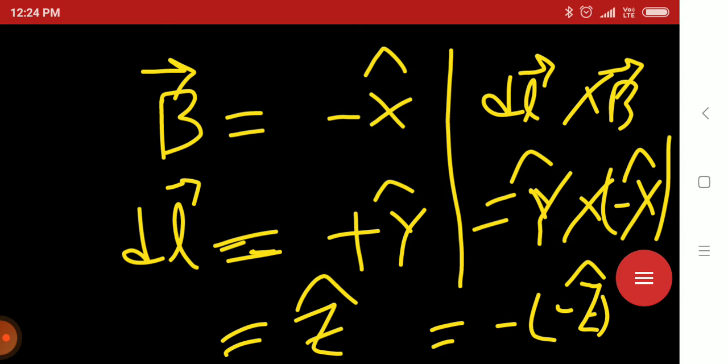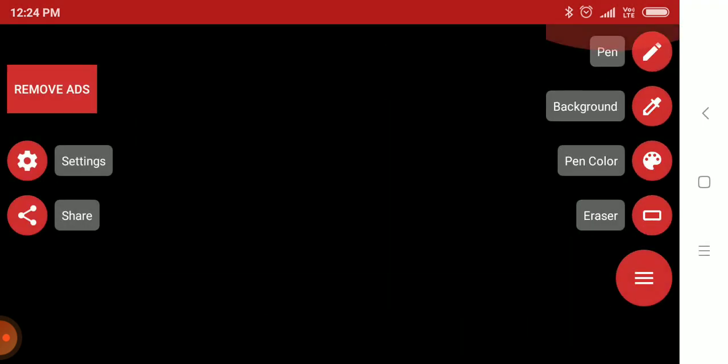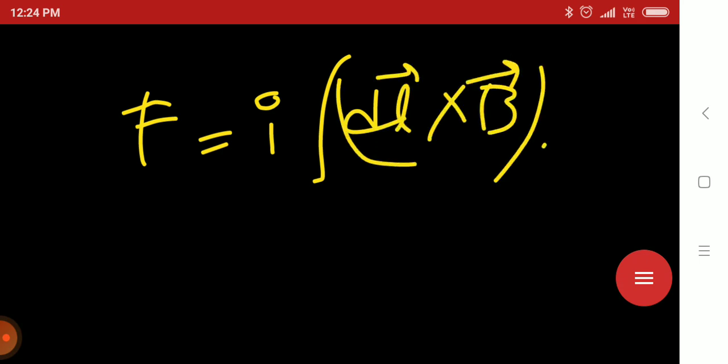So we have got the z direction, the force direction. We have only one thing left to do: the integration. Doing the integration, force equals I dl cross B, in the z direction here.